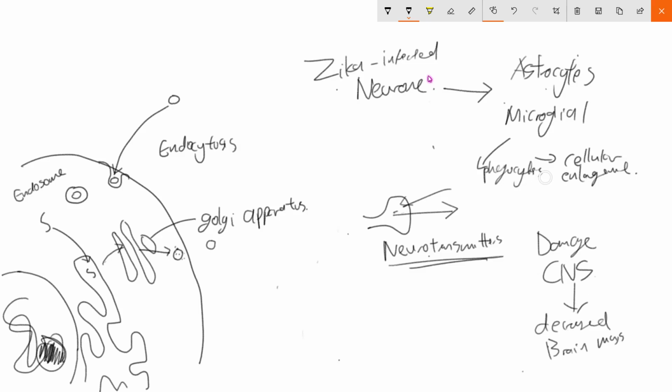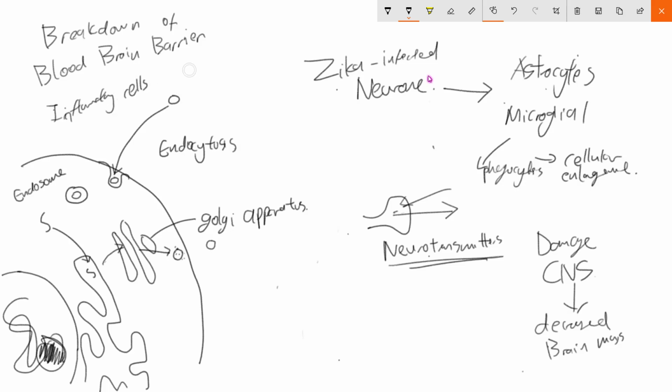And we'll get back to this later. So what happens to the astrocytes is that they help in the breakdown of your blood-brain barrier, which also causes many complications that are quite complex, such as allowing your inflammatory cells, such as your macrophages and your neutrophils, to enter your brain, causing further damage to your CNS.